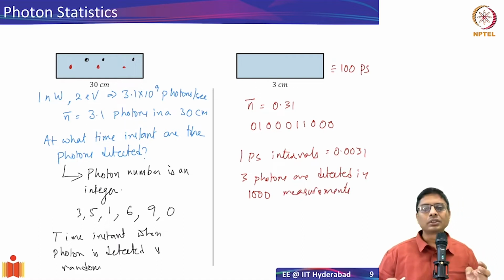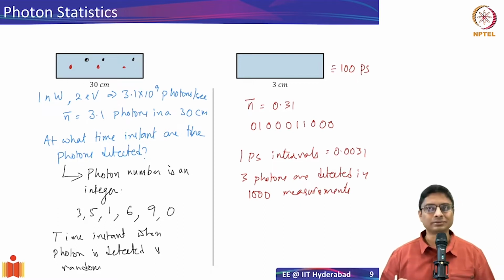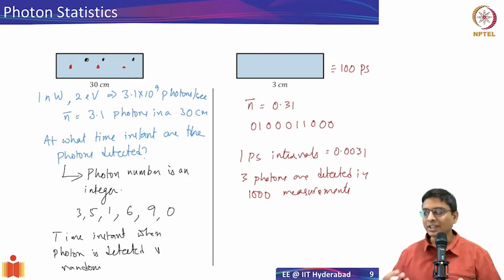You have no control or no way of predicting what those 3 instances are. So basically the conclusion from this is, if you are dealing with short time scales, we are dealing with some kind of random fluctuations.